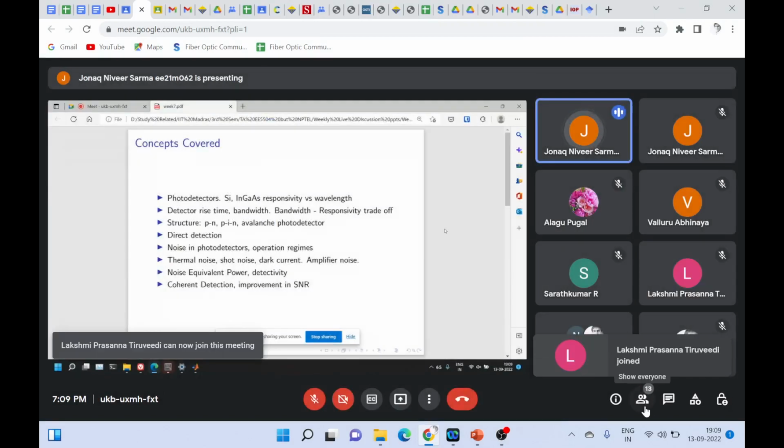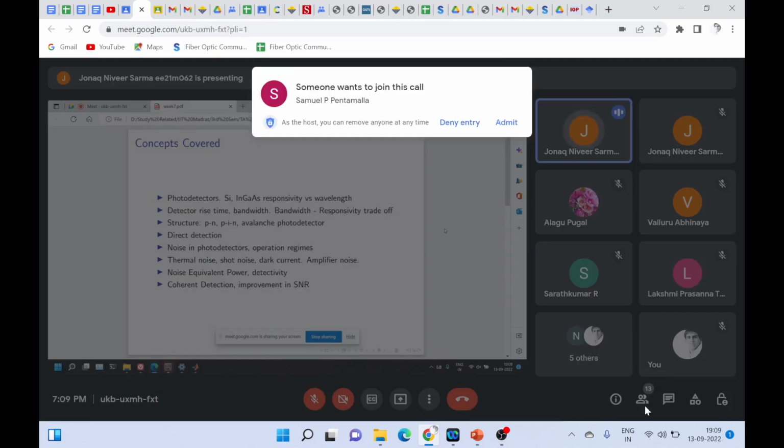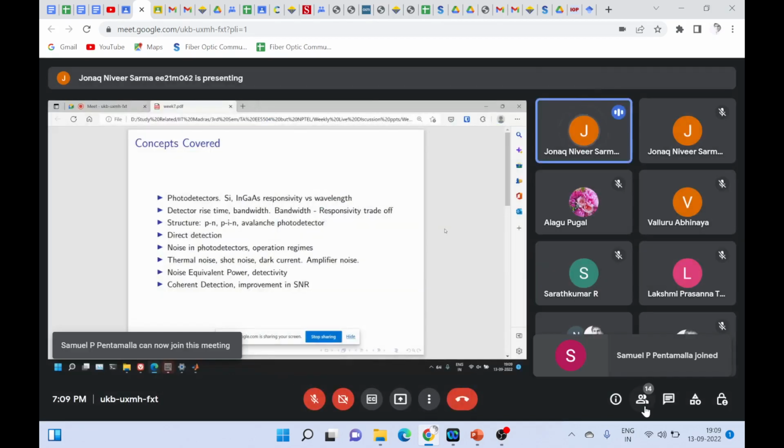So if some light is leaking into your link and you're getting some photodetector current, even when no signal is falling on the photodetector, in that case, we have to consider the dark current also.